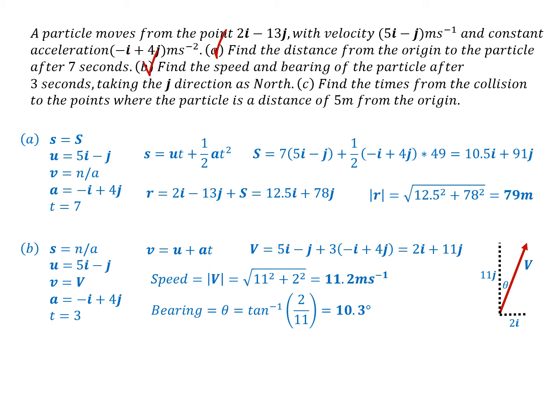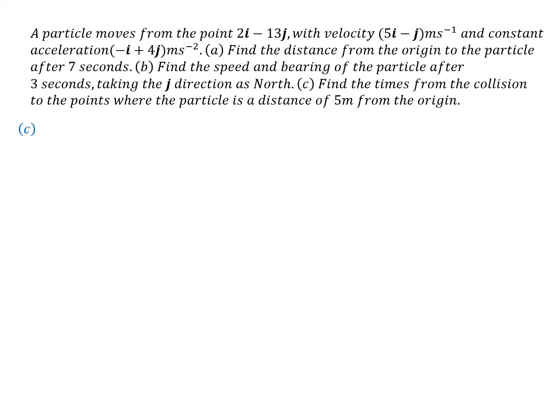Let's have a look at part C now. We've got to find the times when the particle is 5 meters from the origin. So for part C, we're going to look at the displacement vector again, and this time we're looking for an expression for the displacement at time t.